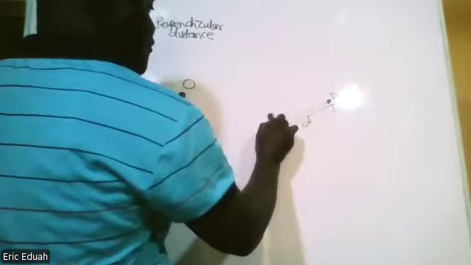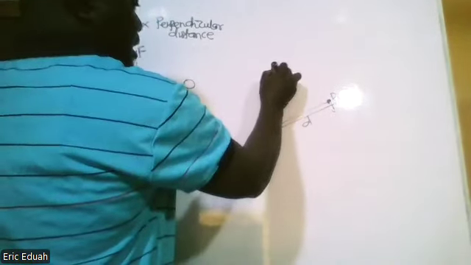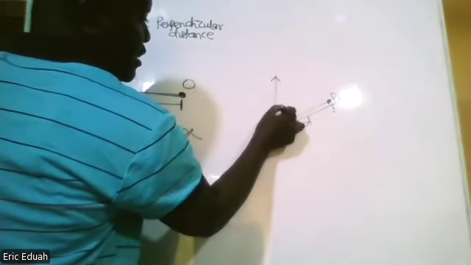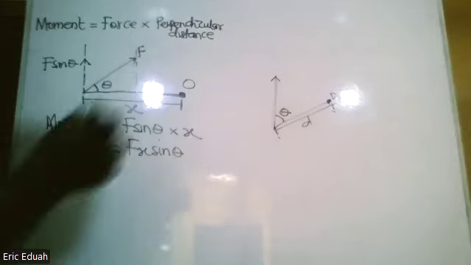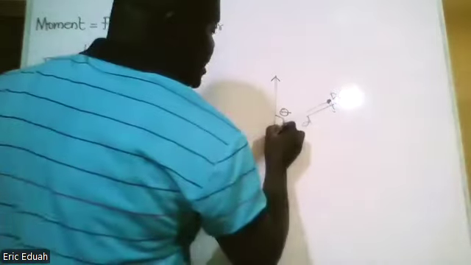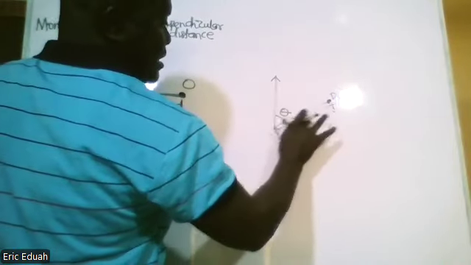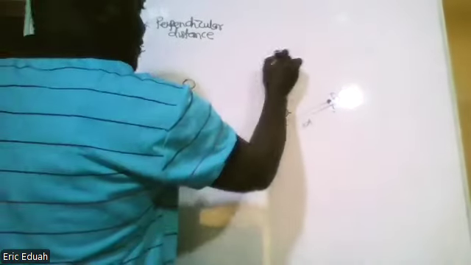And then there's a force acting in this manner at an angle theta. Okay, so this time what we do is that we can resolve to get a component of the distance which is perpendicular to the force F.